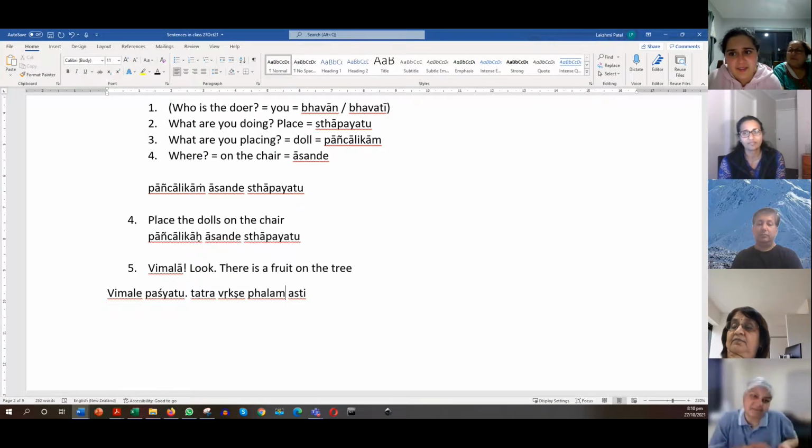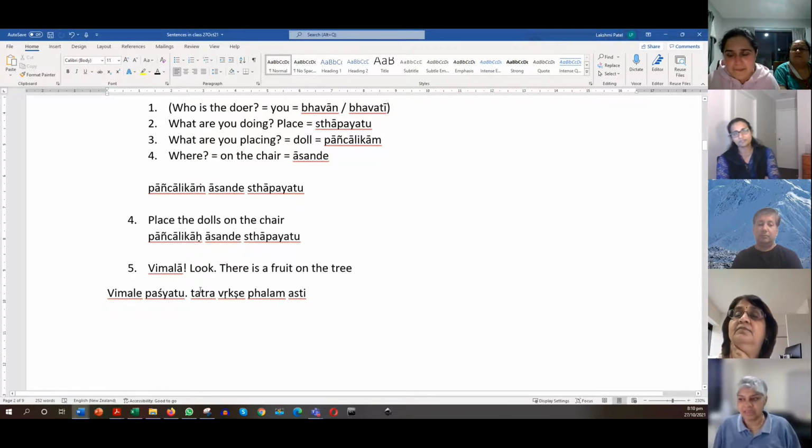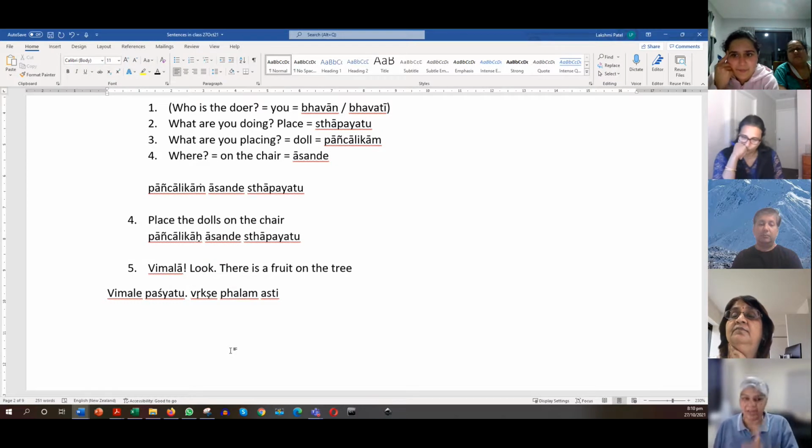The tree could be right here, I'm probably even sitting on the tree. Even then in English, we say there is a fruit on the tree. So the tatra is redundant, so we get rid of it. Now, vrikshe phalam asti. That's all. Perfect.